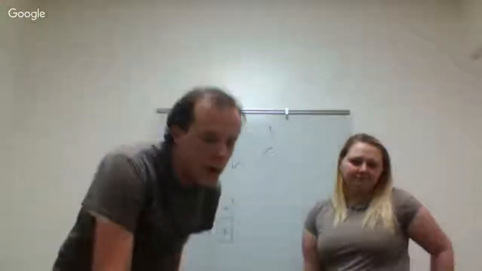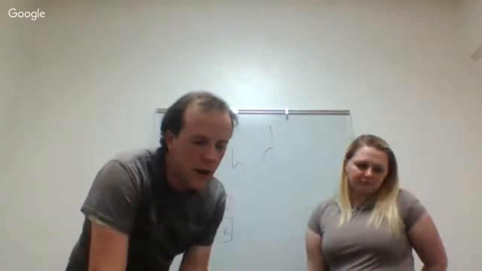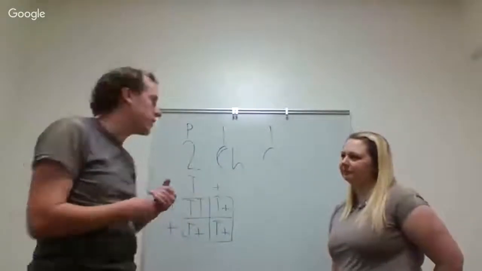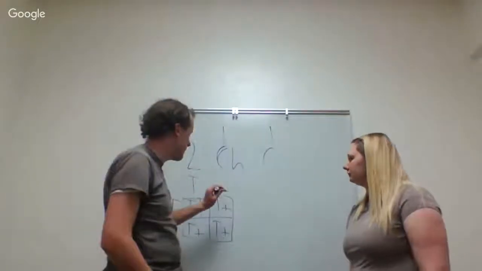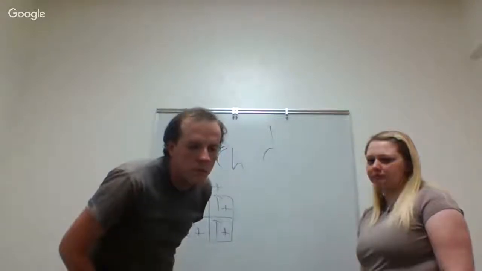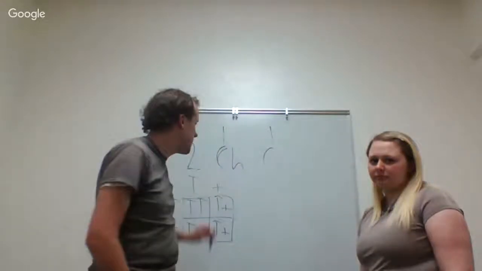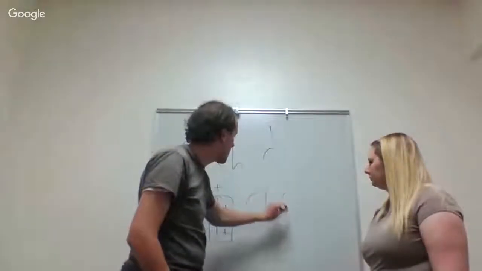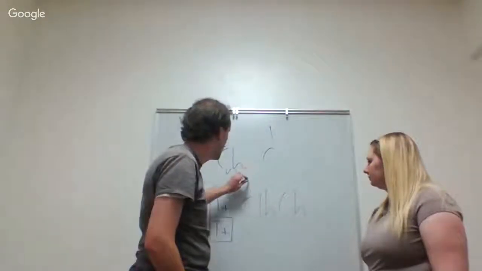And part B is chestnut and cremello horses. So we came up with different ones. Let's do chestnut first. Chestnut would be CHCH. This is for chestnut.